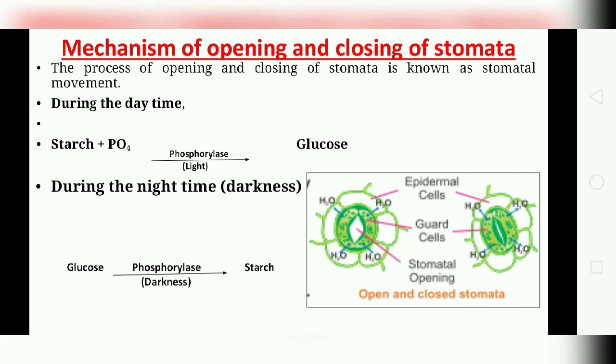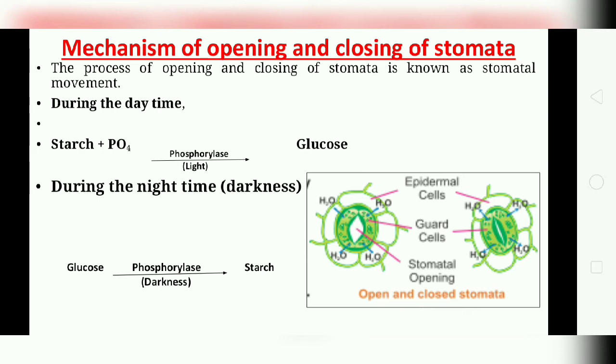As a result, guard cells take water from the neighboring cells and diffusion pressure is formed in guard cells, which become turgid. The outer wall of the guard cell, being thin and elastic, gets stretched, or we can say pulled outward, while the inner wall is non-elastic and thick, which becomes concave in shape. As a result, these two guard cells move apart from each other and the stoma opens during the daytime.